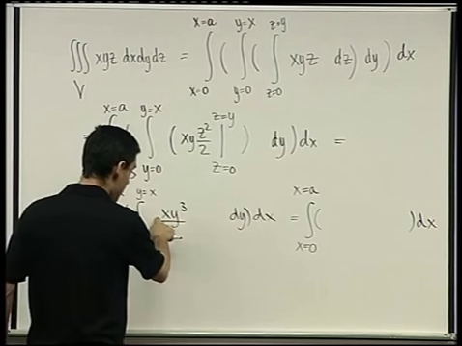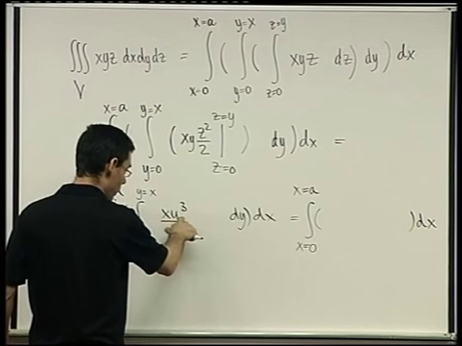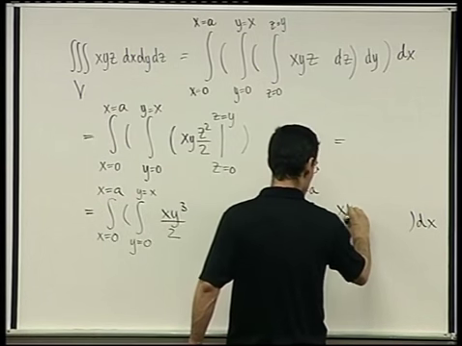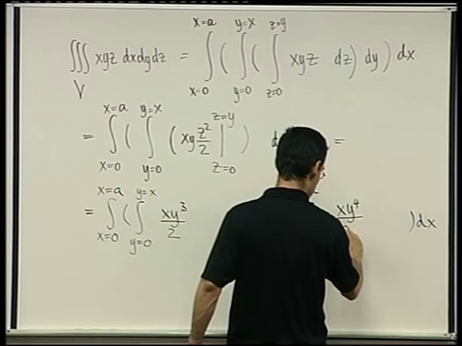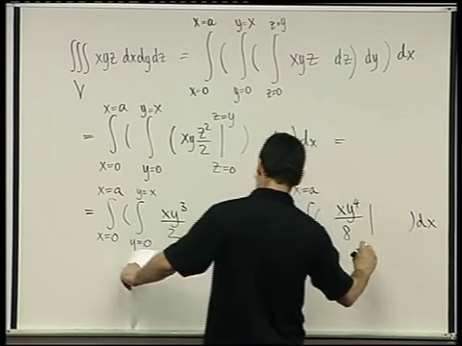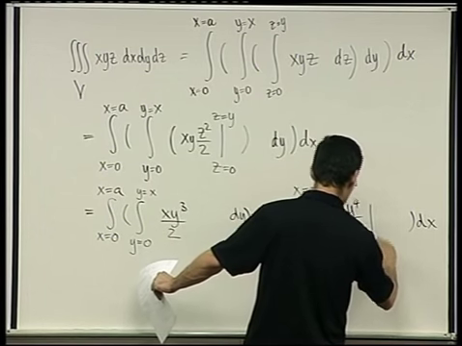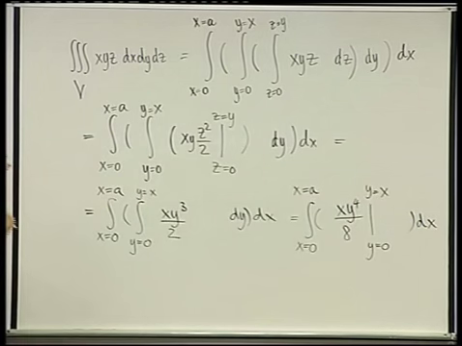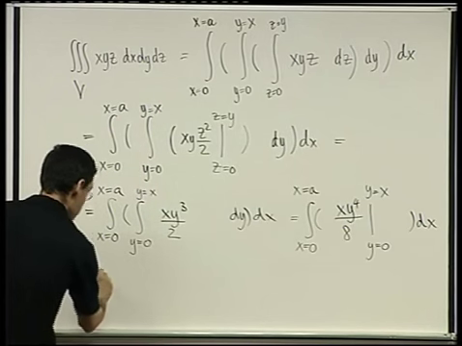So it's going to be xy to the power 4 over 4 times 2, over 8. So it's xy to the power 4 over 8 evaluated between y equals 0 and y equals x. Do you agree? Good? Okay, what's that?